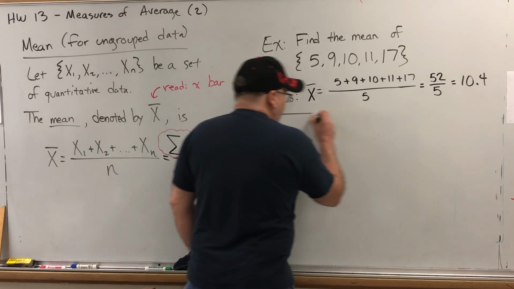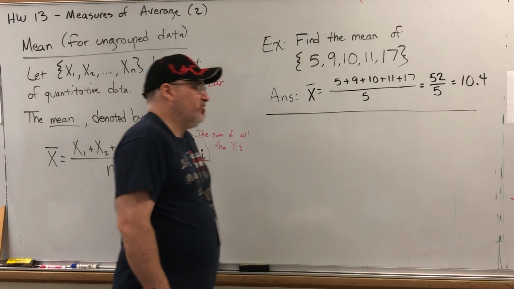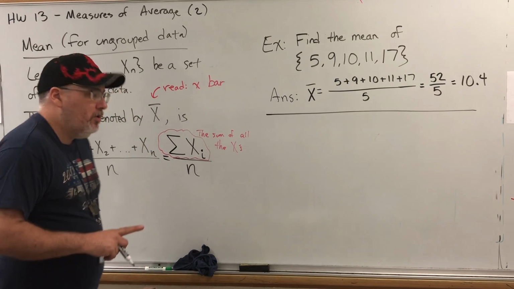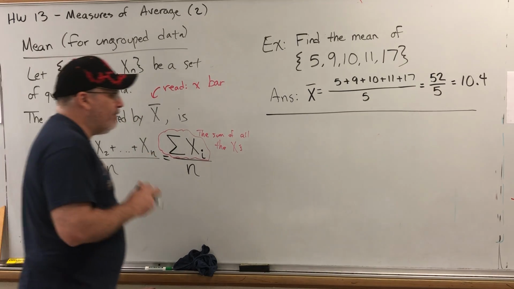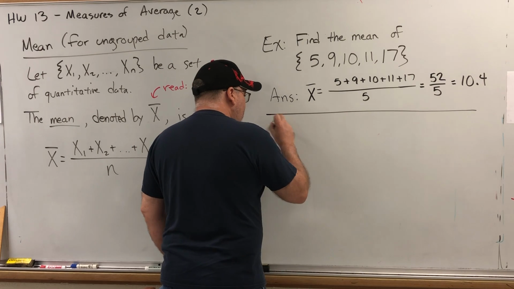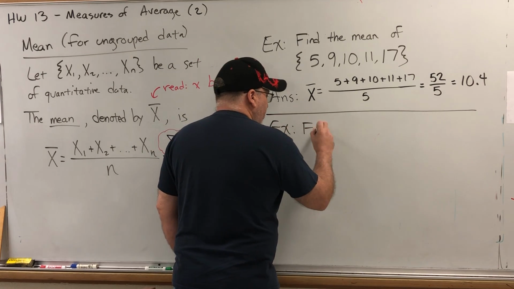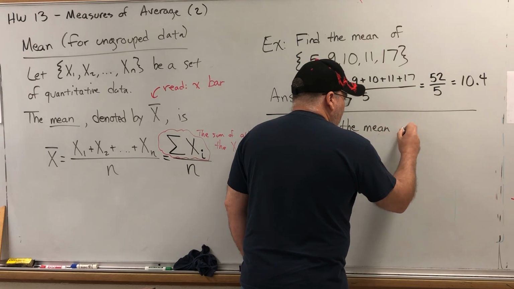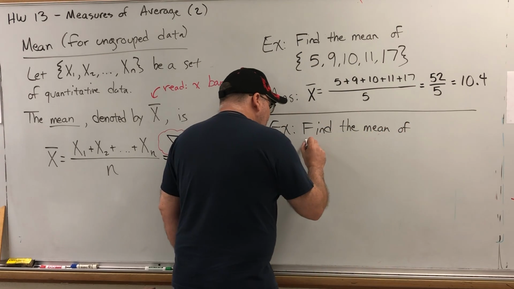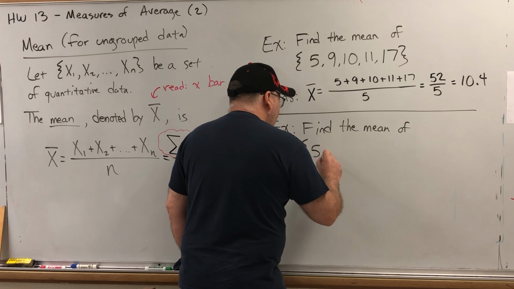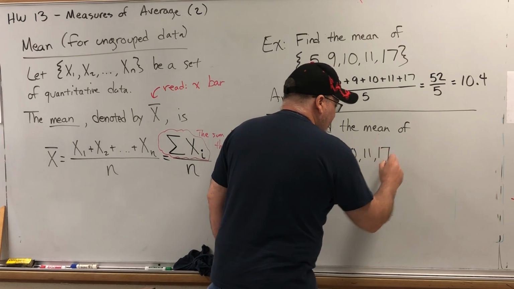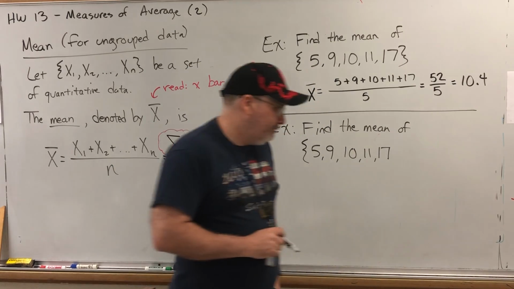Well, averaging is okay, or rather I should say finding the mean is okay, but there's one flaw with calculating the mean. And I'm going to illustrate that flaw by posing the same question, find the mean, the same numbers, 5, 9, 10, 11, 17, except I'm going to add one more number.